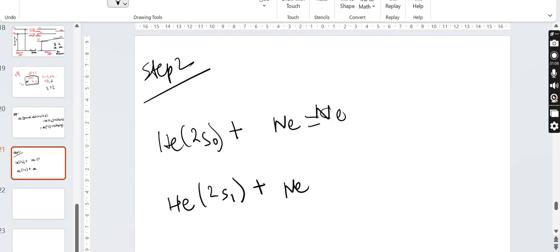And that leads to moving them into the 5s state.